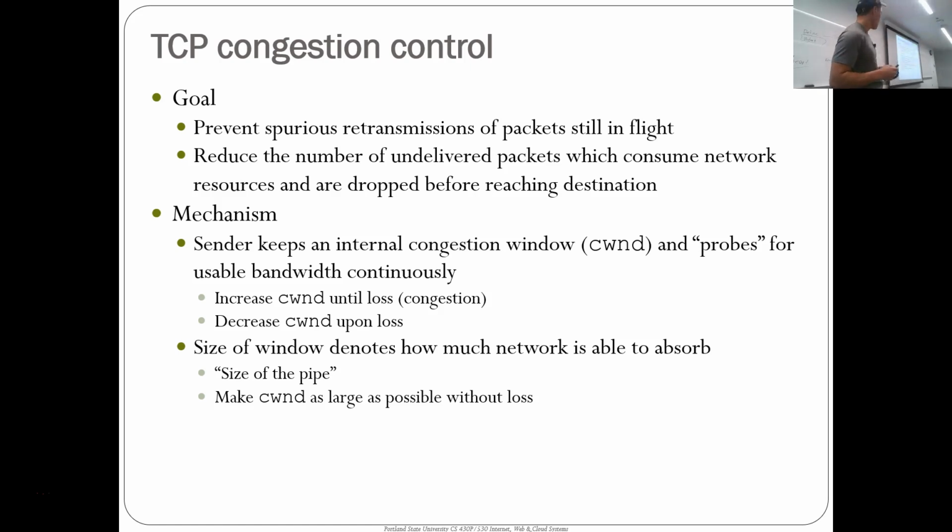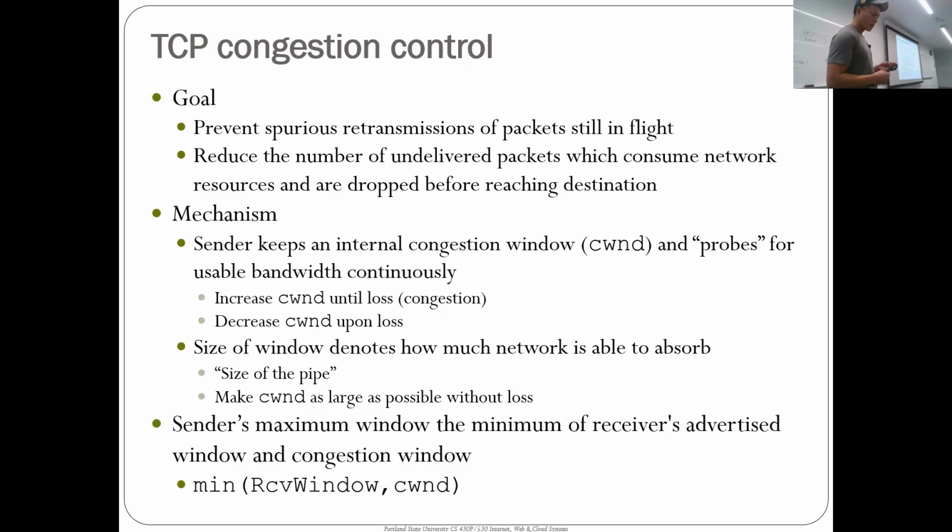So the goal of this algorithm is to make it as large as possible without a loss. And because you have both a flow control mechanism and a congestion control mechanism, the sender is going to send at a rate that is the minimum of the two. You have a flow control window not to overflow the receiver. You have a congestion control window not to overflow the network. Your actual sending rate has to be the min of both of those. So that's the algorithm.